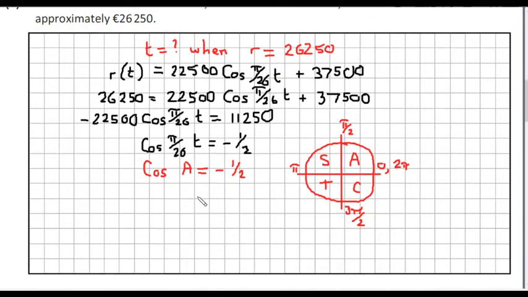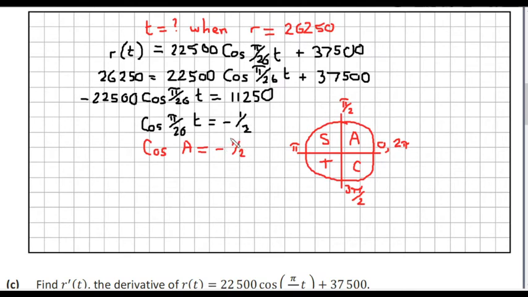So what we could do here is temporarily let cos of A, just for the time being, equal plus a half for the purposes of getting the reference angle. So A then has to be the inverse cos of a half. Again, make sure your calculator is in radian mode for this.